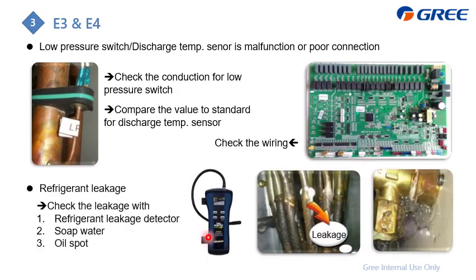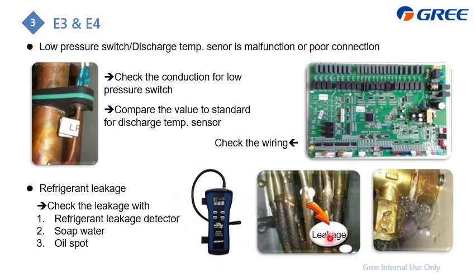And the other one is that maybe there's some refrigerant leakage leading to not enough refrigerant. So with this one, you can use this refrigerant leakage detector, this device, and also you can check the oil spot.